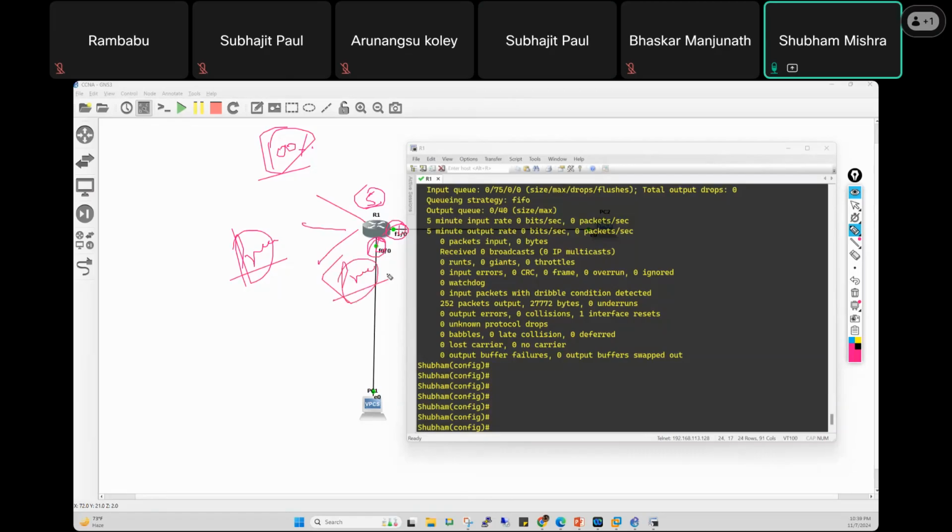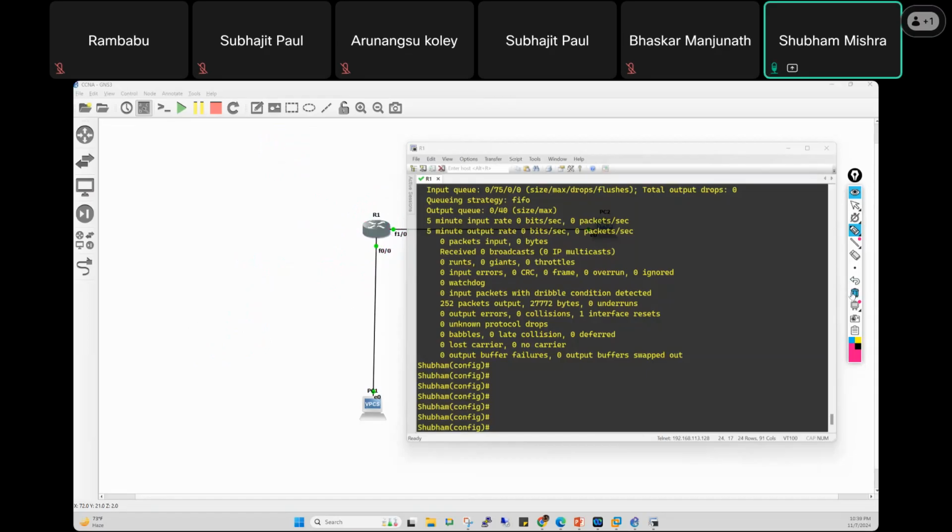Free means on these 2 interfaces, nothing is connected. And in a real time scenario, the free interface is called which interface? Spare interface. Generally in real time we call them spare ports.